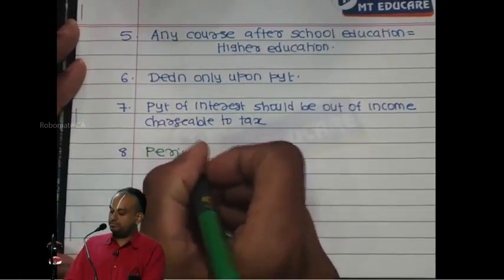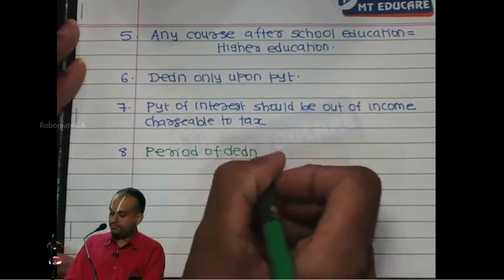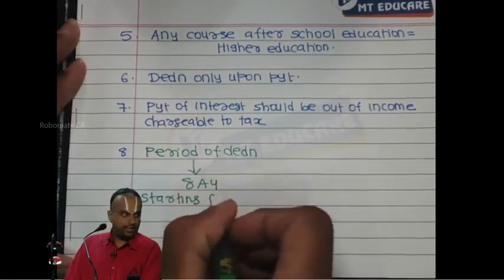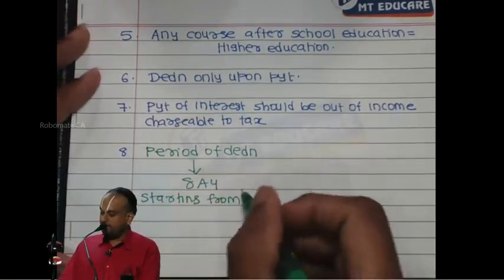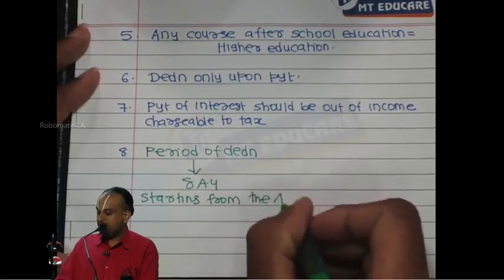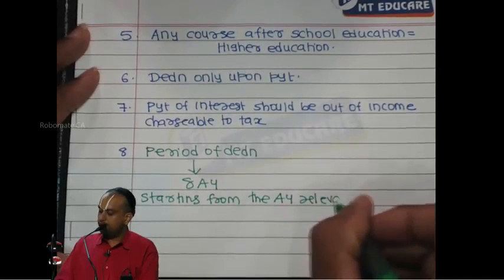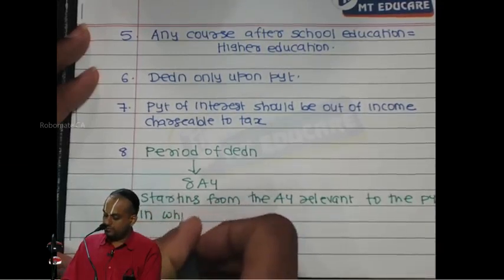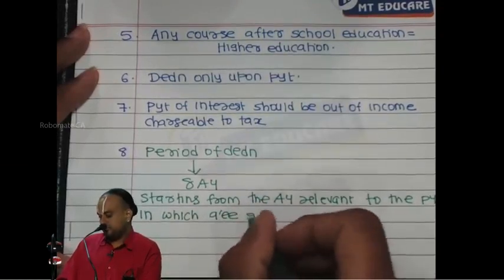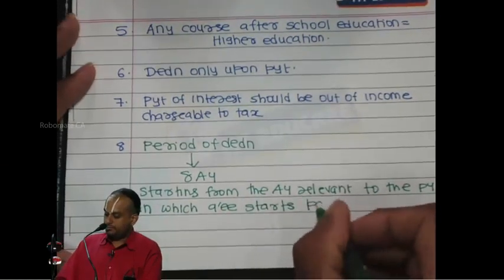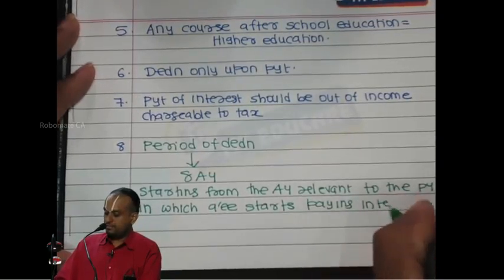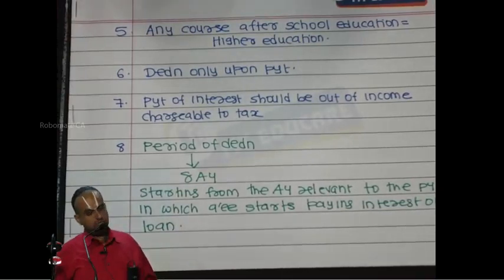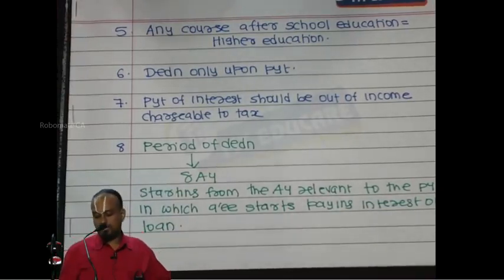For how many years is the deduction allowed? Period of deduction: 8 assessment years starting from the assessment year relevant to the previous year in which the assessee starts paying interest on loan.